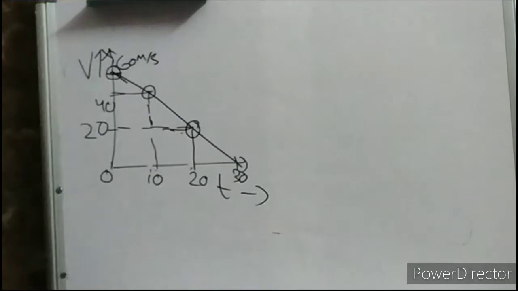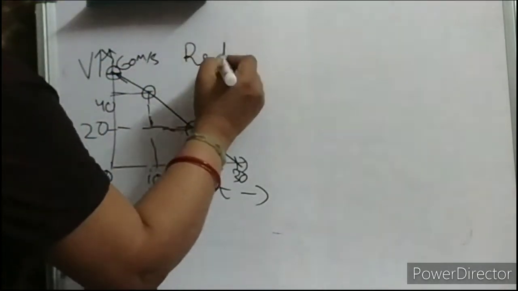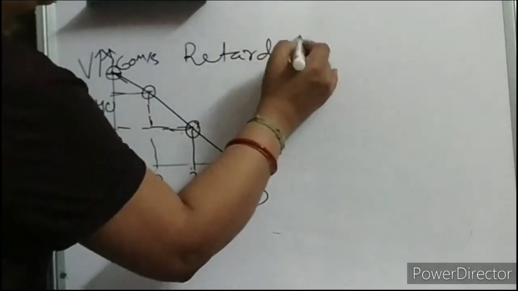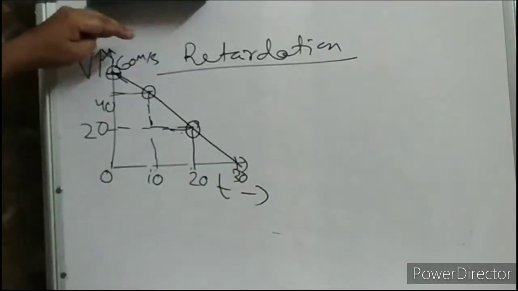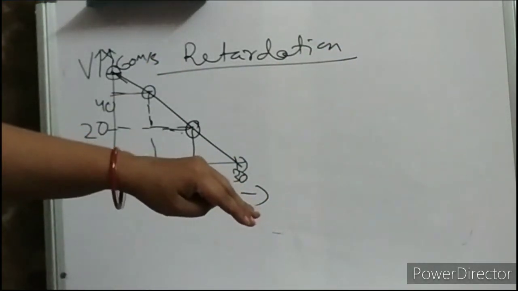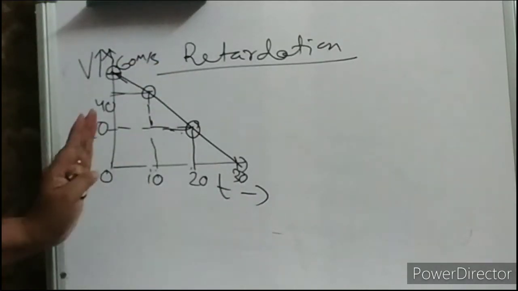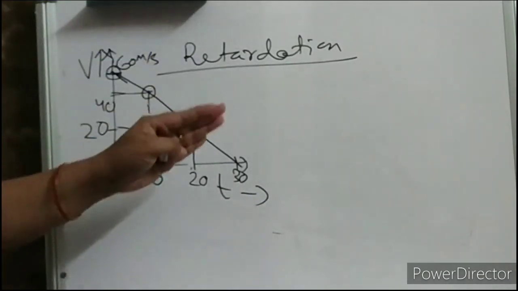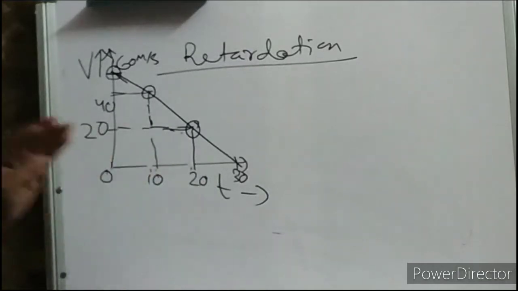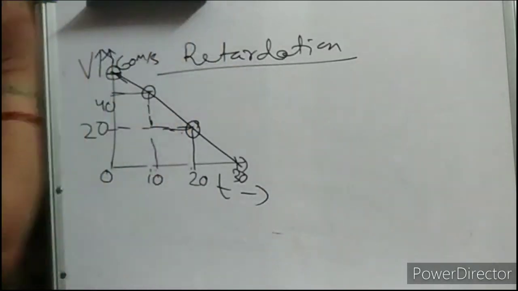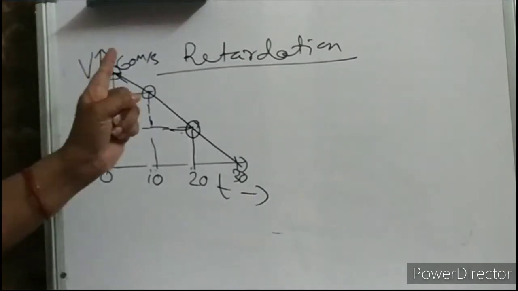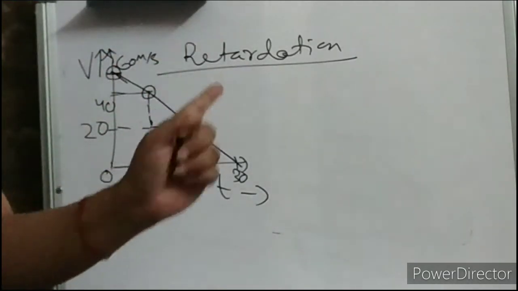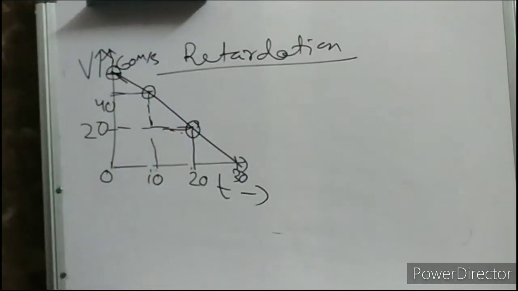Now see, this is the case for retardation. Everything remains same. Graph will be sloping downwards. In case of uniform acceleration, when velocity is uniformly increasing, then it is sloping upwards. Hope I am clear. So this is also a straight line graph but sloping downwards.